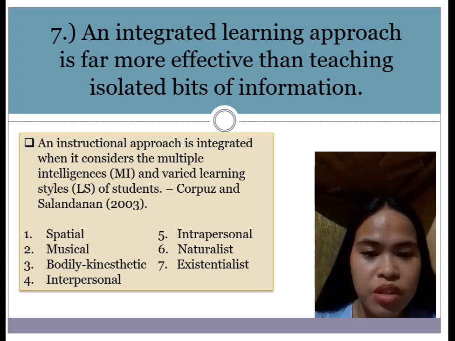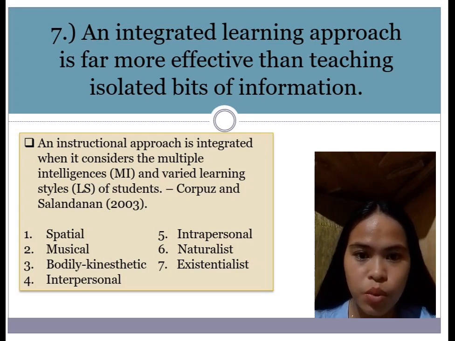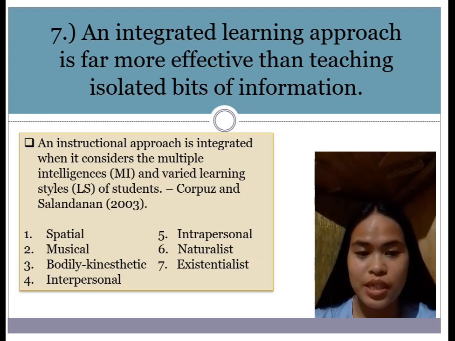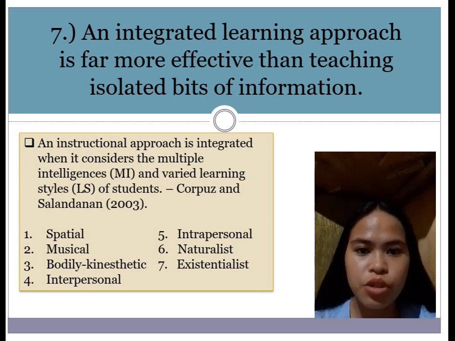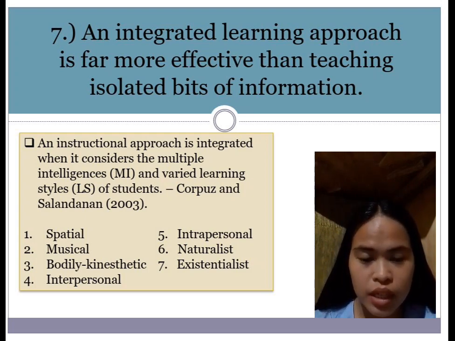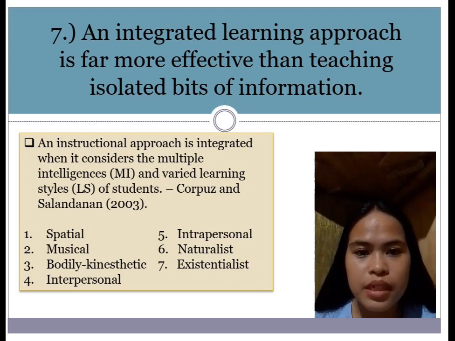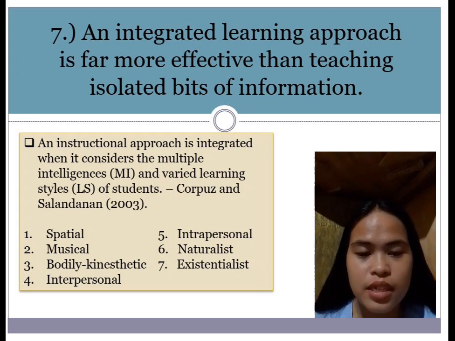So, we were made to think then that human intelligence comprised only of linguistic and mathematical or logical intelligences. But with Howard Gardner's multiple intelligences theory, we are introduced to 7 more intelligences, namely the spatial, musical, bodily kinesthetic, interpersonal, intrapersonal, naturalist, and the existentialist intelligence.